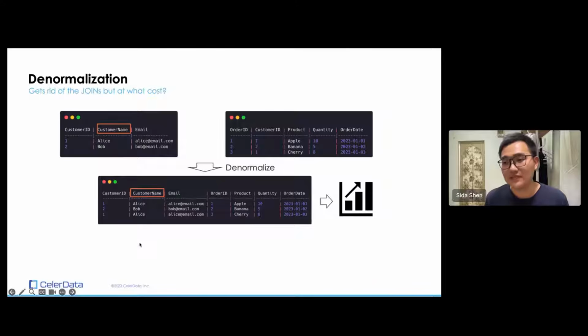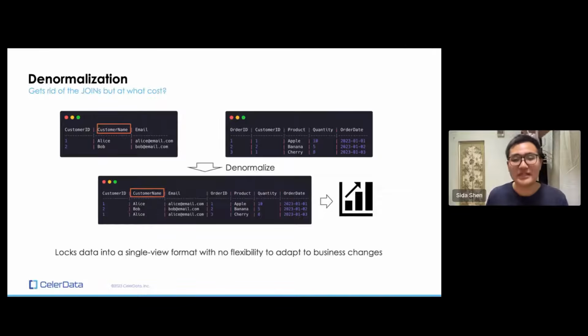What seems to be a simple change, a change of a metric or a column, technically with denormalization creates a lot more problems, right? So denormalization actually locks data into a single view format, so it has no flexibility to adapt to any business change, right? So in this case, you are backfilling one column.